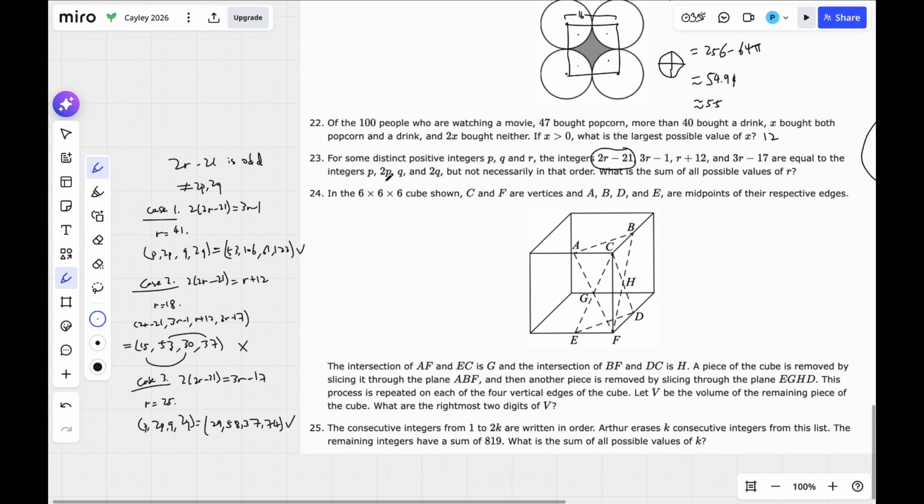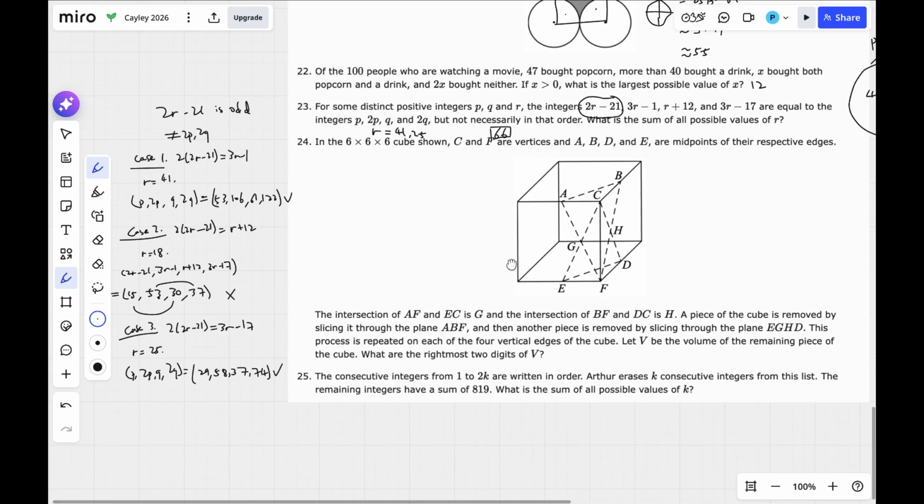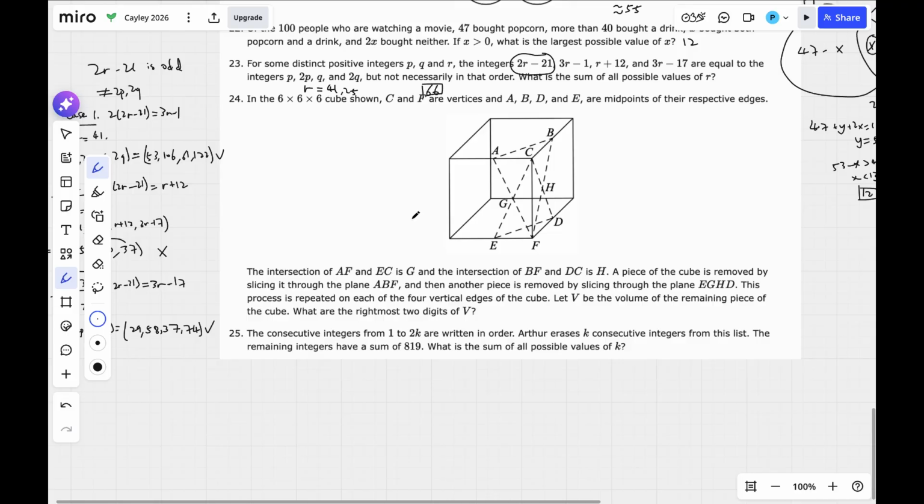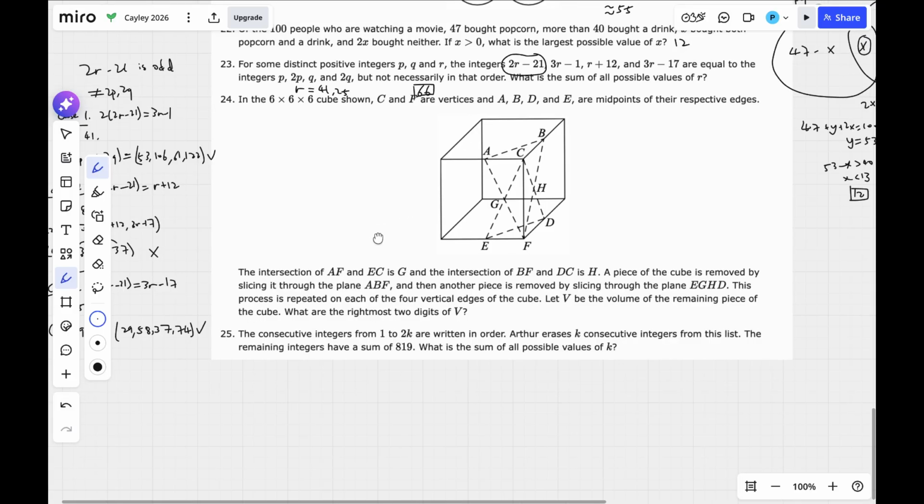Now, if we compute the other two numbers, we see that p, 2p, q, and 2q are 29, 58, 37, and 74. And so this works. So this means that r equals 41 or 25, and so their sum is 66, which is the answer.